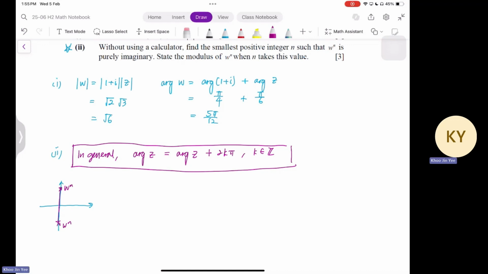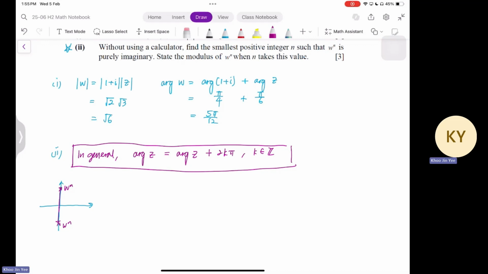Agree? Because we have these options, instead of a multiple of 2 pi, it should be a multiple of pi. So you need to add a multiple of pi.